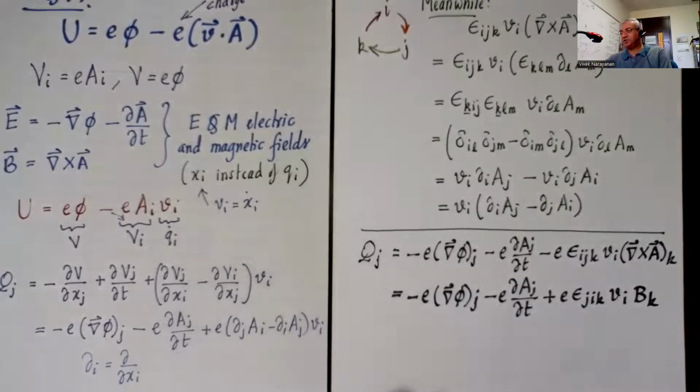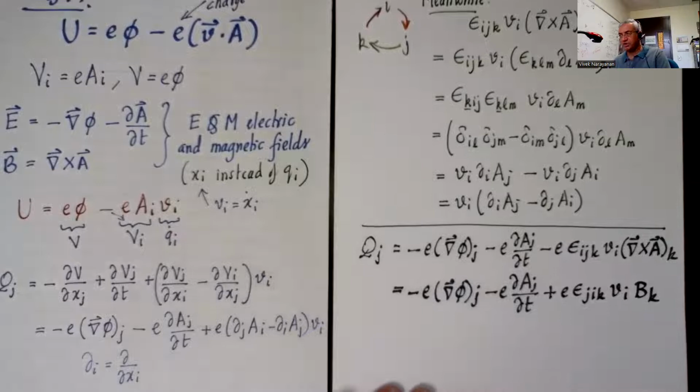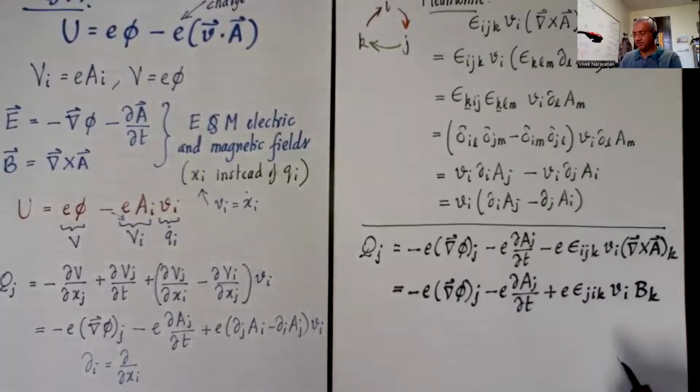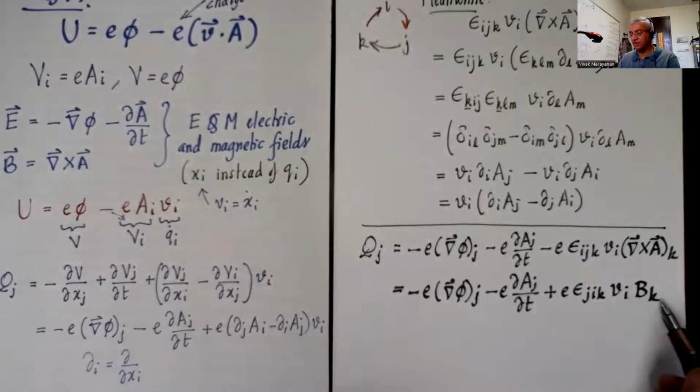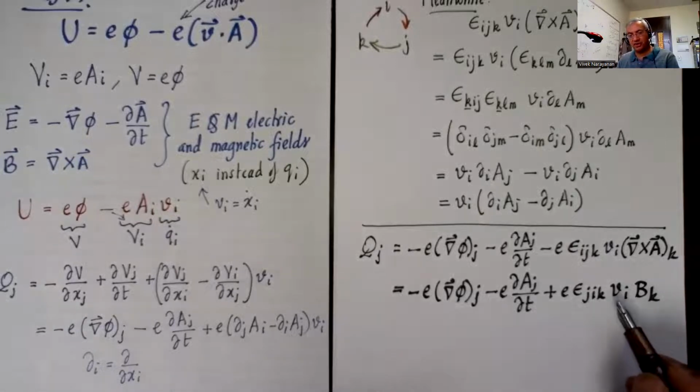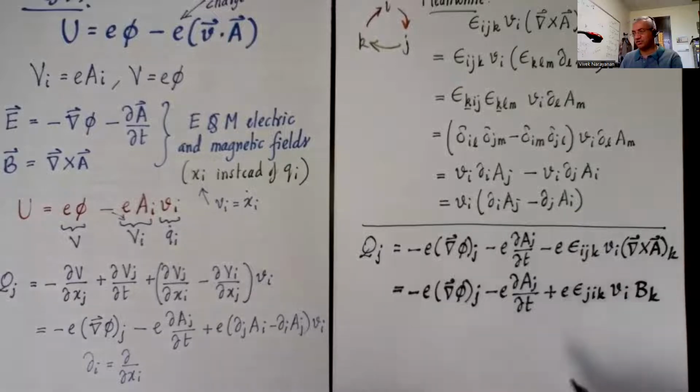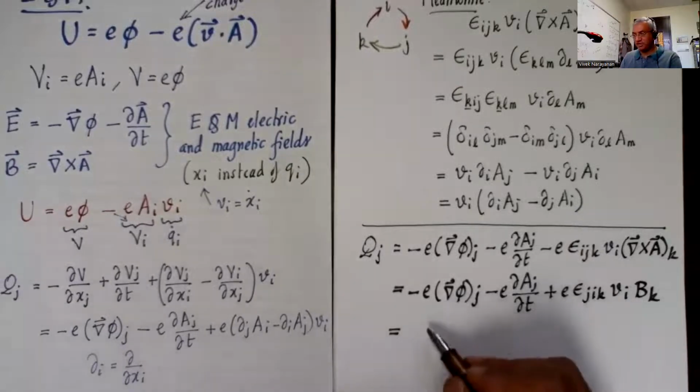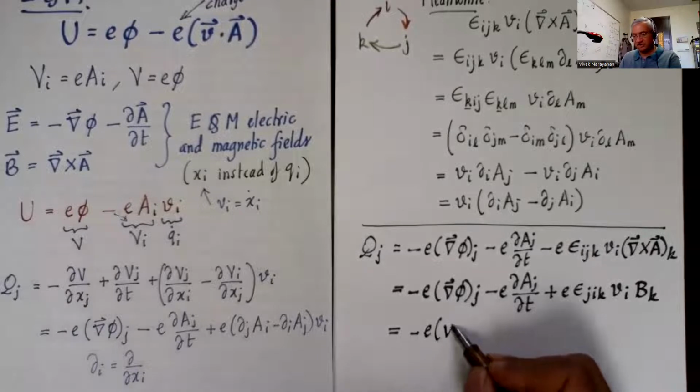Right? There's a very specific reason I'm doing this, because it's easier to identify this as V cross B, because the jth component of V cross B is epsilon JIK VI BK. So it turns out very nicely. So that gives me negative, I'll write all this again, E times del phi.